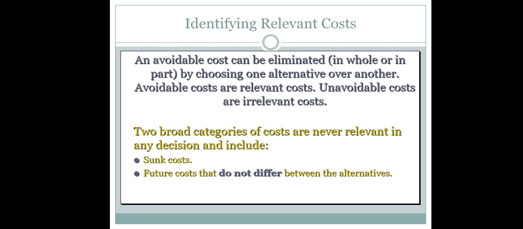The rental of the shop, $1,000, is an example of an irrelevant cost, because no matter what your decision is, the next month and also in the future months, you still have to pay the same amount of rental. So that is an example of future costs that do not differ between alternatives.